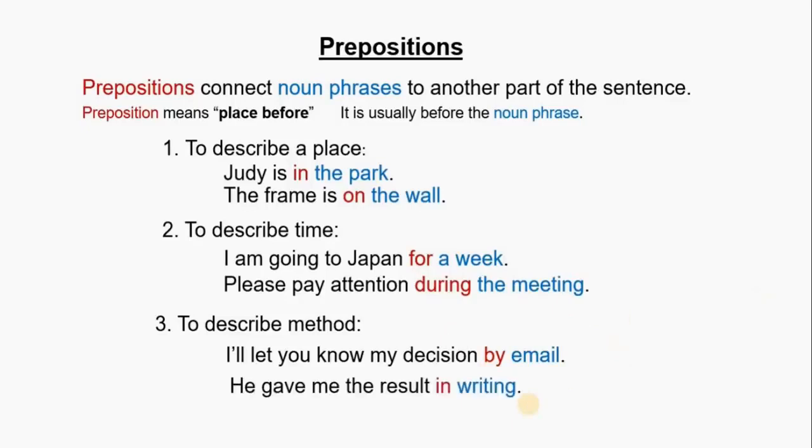He gave me the result in writing. Okay? He gave me the result in writing. This is describing the method, and you might perhaps think that writing is a verb, not a noun.